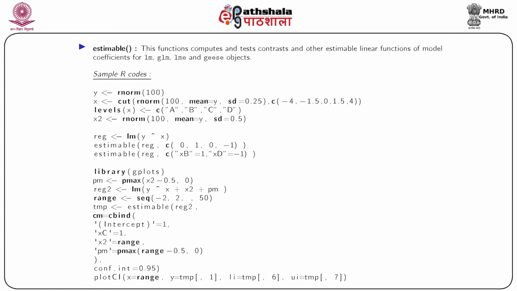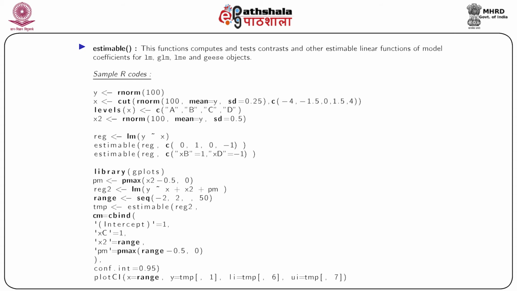So let's look at a sample R code. Y equals rnorm(100). So from our normal distribution, we are generating a sample of size 100. X equals rnorm(100), where mean equals Y, SD equals 0.25, and we have a vector defined as -4, -1.5, 0, 1.5 and 4.